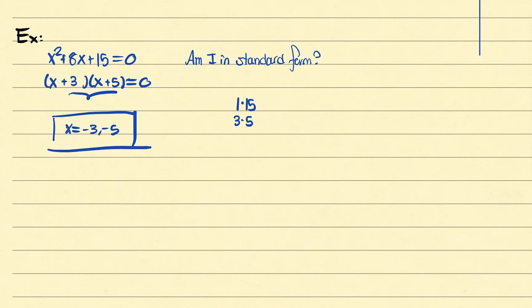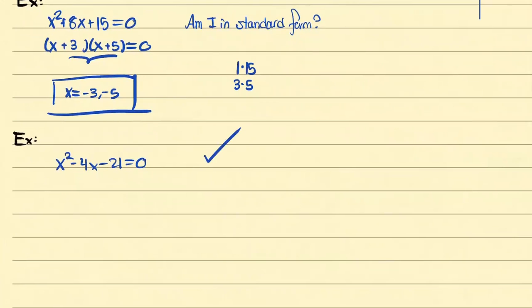Let's try another. Let's see. I won't make it that hard. So am I written in standard form? Yes. So we can go straight to factoring. Let's look at some factors of 21.